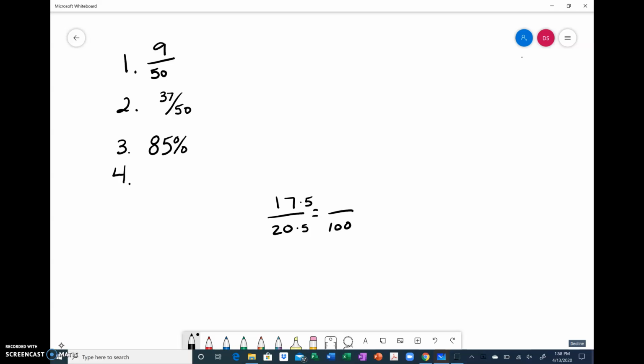Number 4, same process as number 3, and you should get 48%. Number 5 is different. It says use proportion. I would use proportion, but you can use percent equation if you want. But what number is 82% of 50? You should get 41.